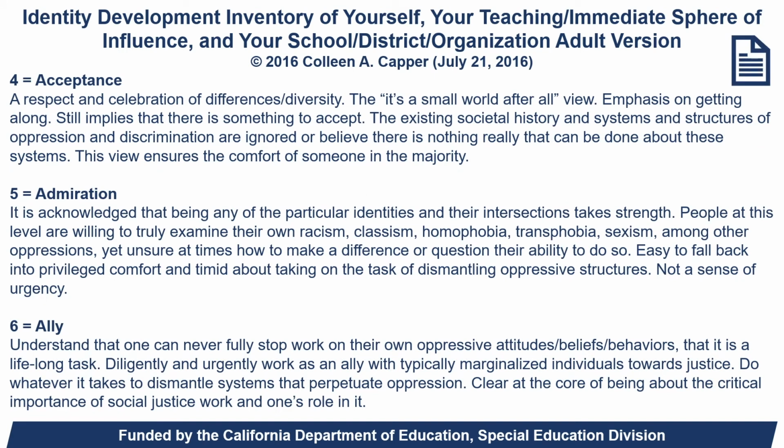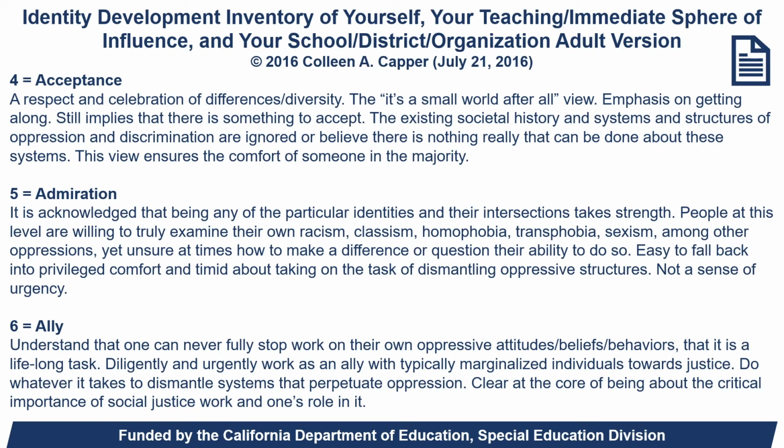We can approach different identities from a place of acceptance, respecting and celebrating differences and diversity. We may come from a place of admiration, recognizing that being any of the particular identities and their intersection requires strength. This requires the willingness to examine ourselves and our biases at a deeper level.